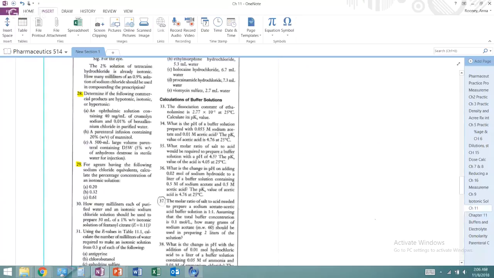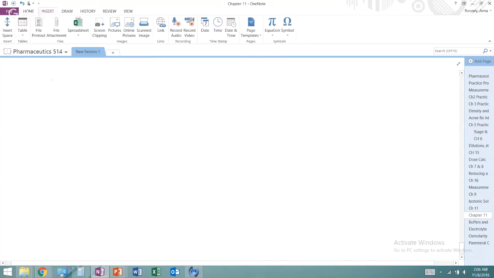All right, so 29. For agents having the following sodium chloride equivalents, calculate the percentage concentration of isotonic solution. So we have 0.9% for an isotonic NaCl, and then divide that by 0.2, and that equals 4.5.